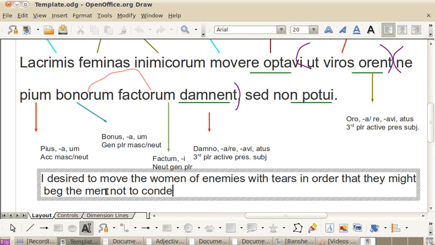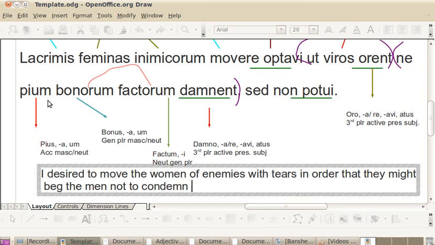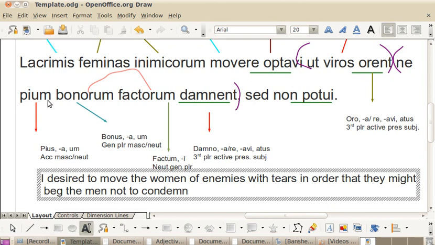Now this verb is transitive, we want a direct object, and we've already identified pium as an accusative idea. Now pium is an adjective without a noun to modify, and that's something that we call a substantive. And what we do with substantives is we simply look at the gender and assume a generic noun for it to modify.